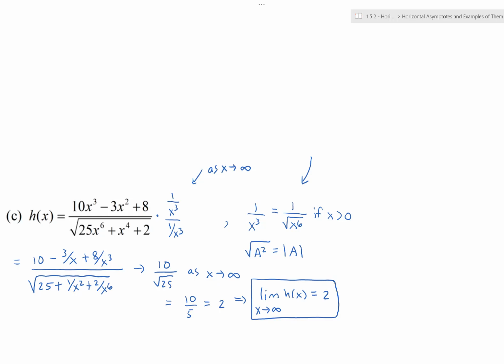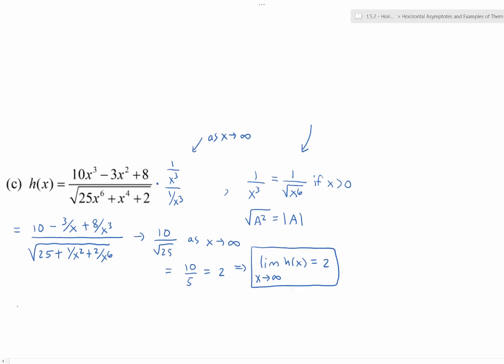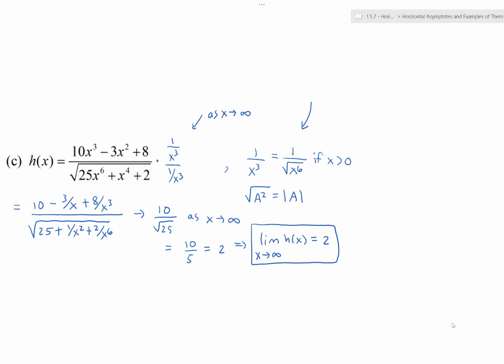Now, what about as x goes to negative infinity? We could do the exact same process that we just did above. However, we must recall again that the square root of a square is the magnitude of that expression.